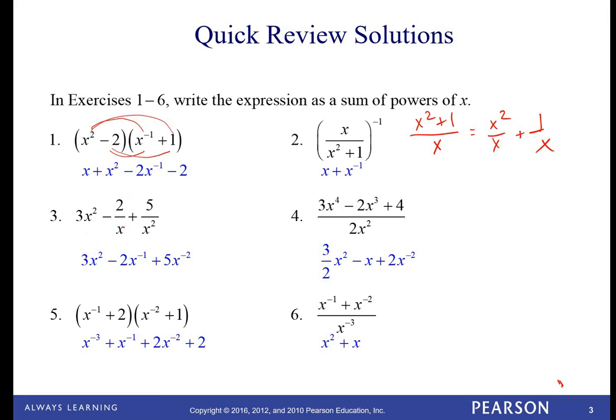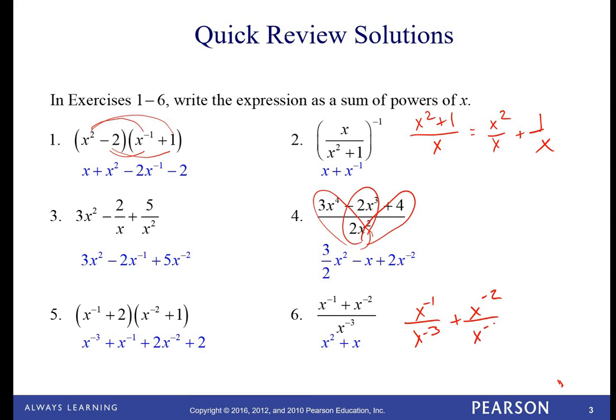For this one, rewriting each term, 3x squared can stay the same. This is 2 times x to the negative 1, and that's 5 times x to the negative 2. This one again, dividing each term by 2x squared. This one again foiling, and this one again dividing. So splitting this to x to the negative 1 over x to the negative 3.